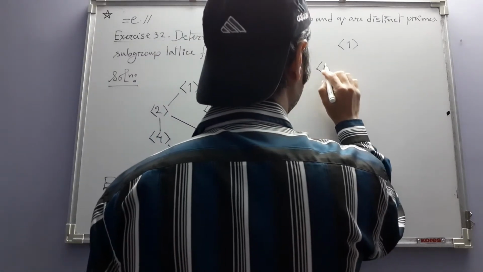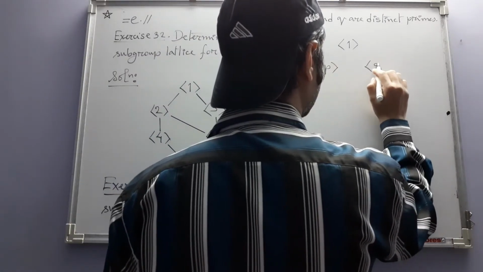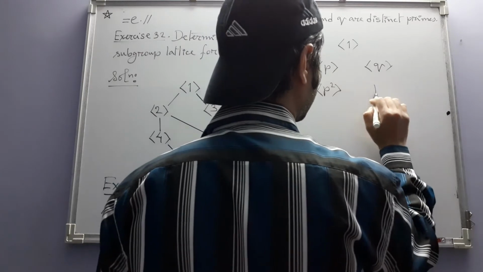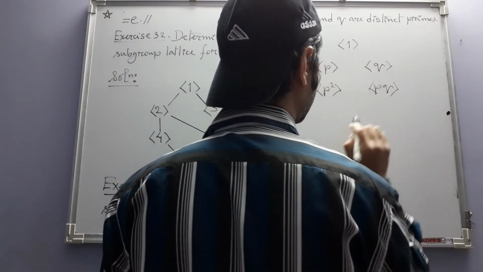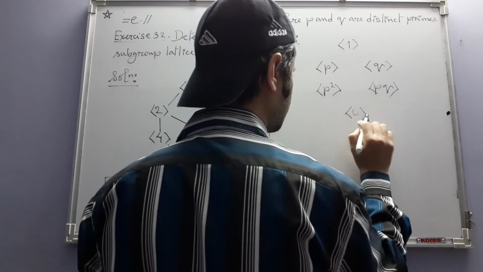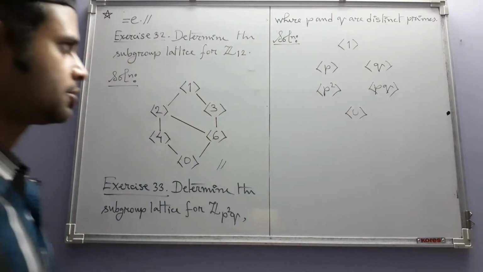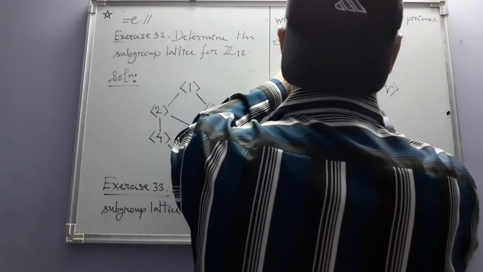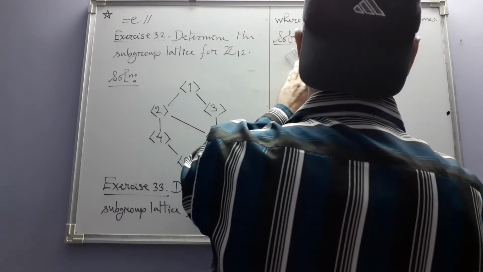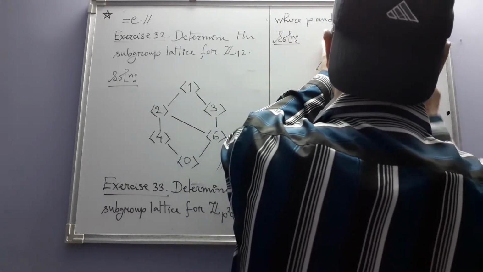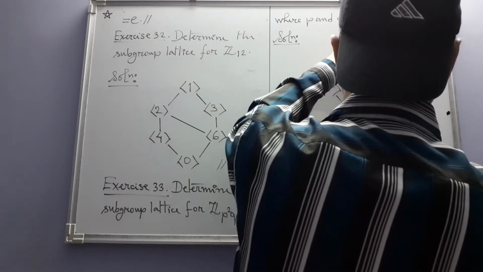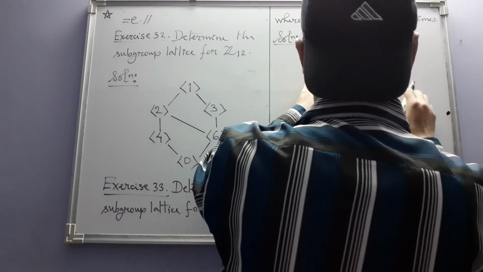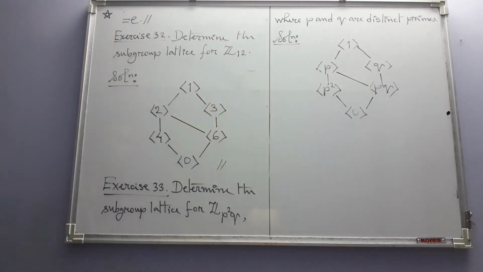So 1, p, q, p square, pq, and the one generated by p square q, of course, is the trivial one, also generated by 0. So it's similar. So like that.